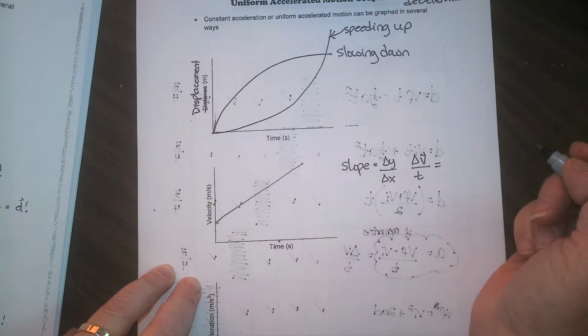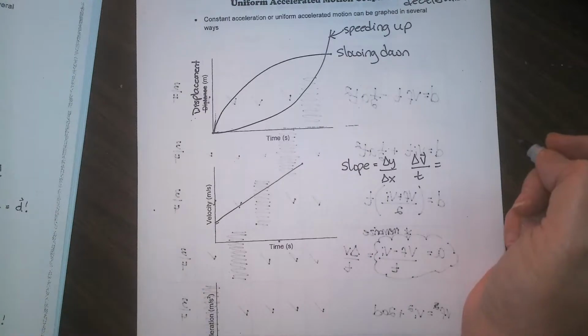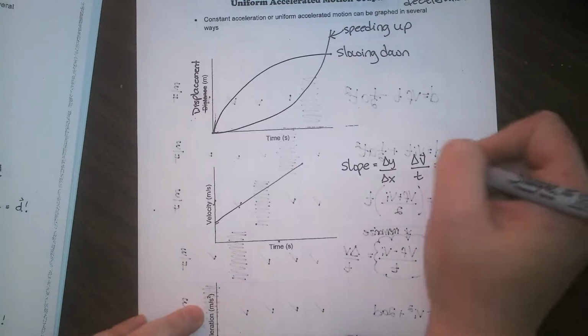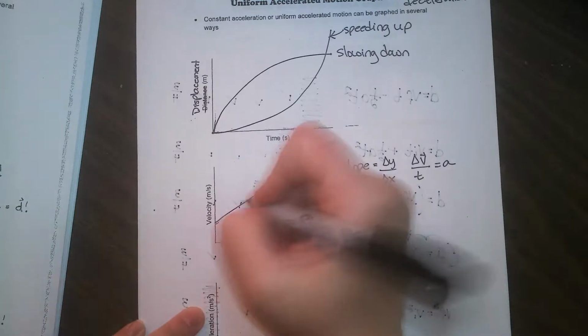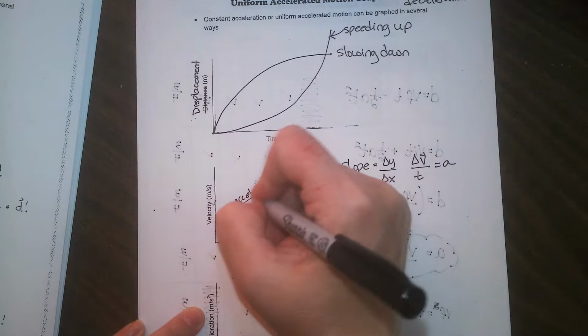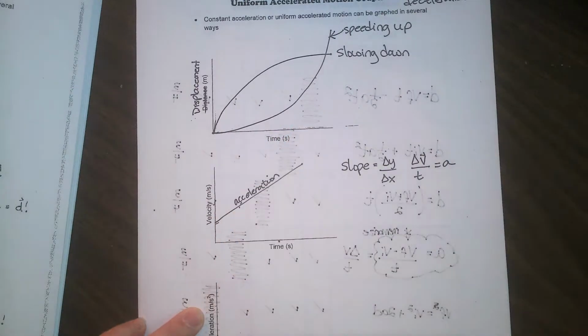Say what, Krista? Yeah, that's how you solve it. But we just learned in our last, like the page before, delta V over T is what? Acceleration. So the slope of a velocity time graph will tell us acceleration.